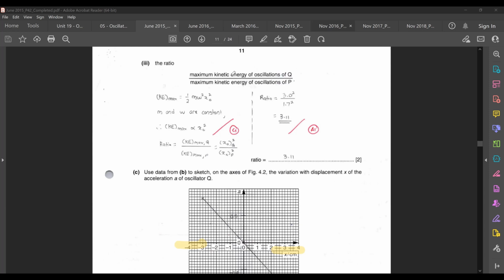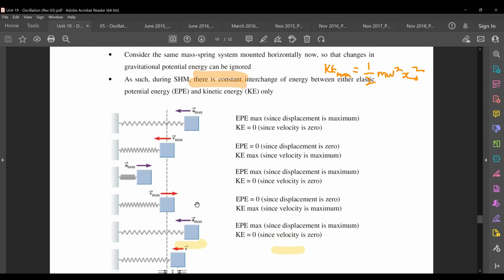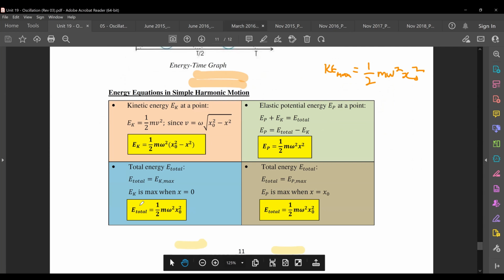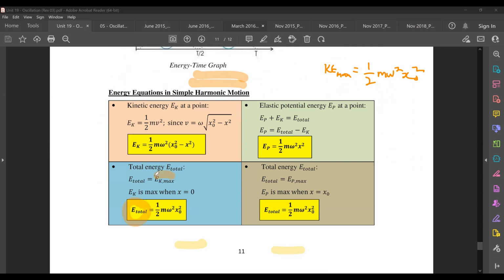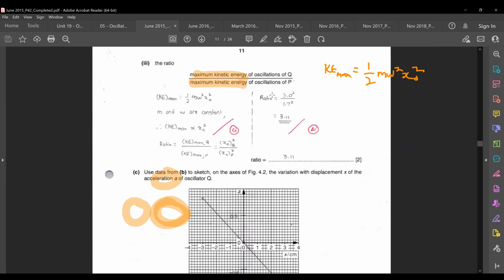Because they're asking you for maximum kinetic energy, from page 11 of your notes, where it was mentioned that your total energy is your maximum KE, KE max is going to be half m omega square x0 squared. You use that particular equation here for oscillator Q and P.